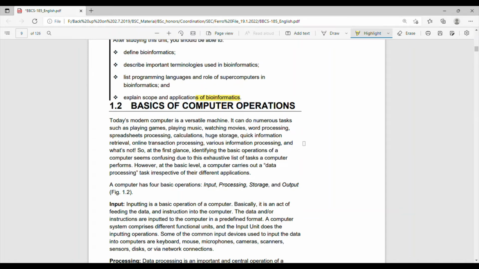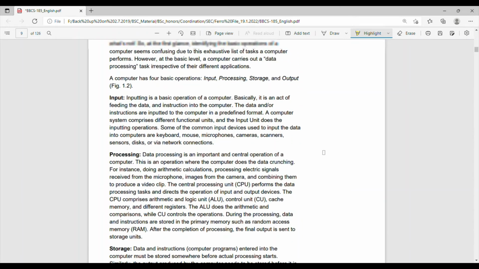So let us start discussing the basics of computer operations. The key points to be learned here are: what is input, what is processing, what is storage, and what is output.